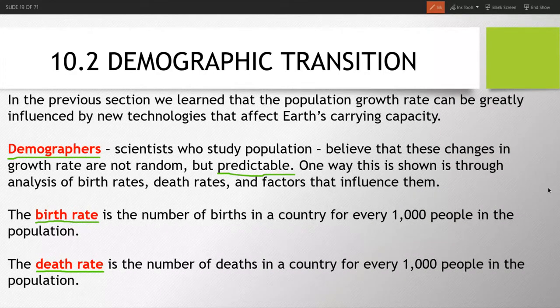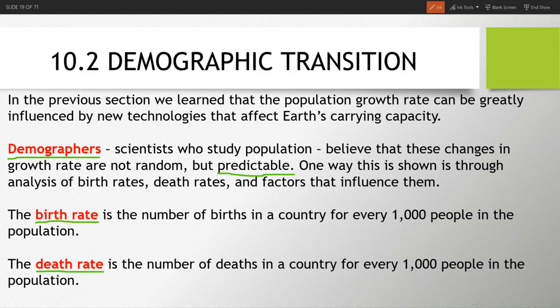We use a rate to describe population change based on births and deaths because you can't use an absolute number. A country with a very small population may have a certain number of deaths that, for that country, might be considerably high.